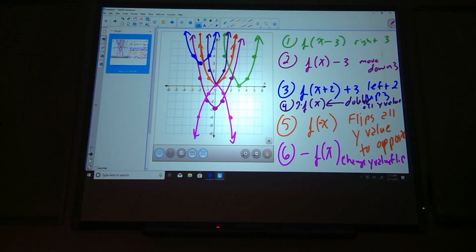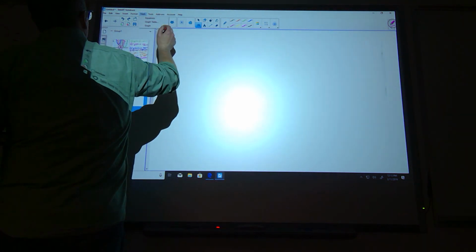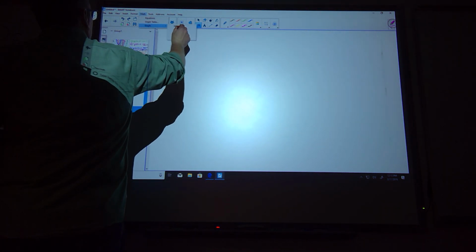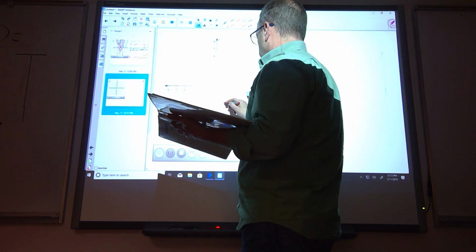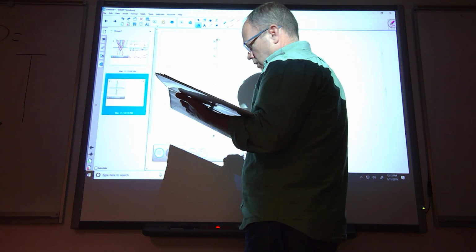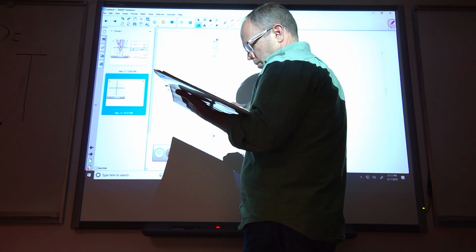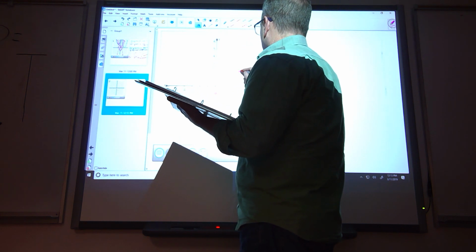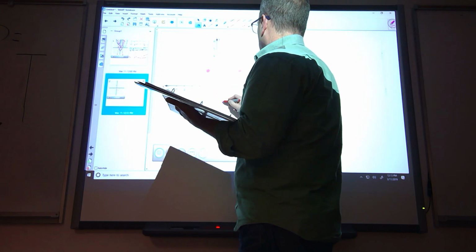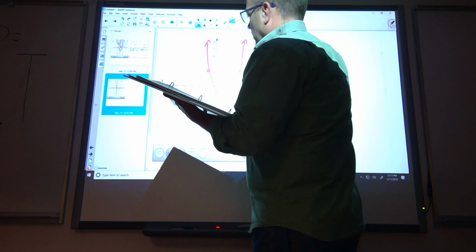And then, let's see, number 7, they want us to do those translations again. So, math, graph, Cartesian. So 1, -2. We'll make the pink our normal function.